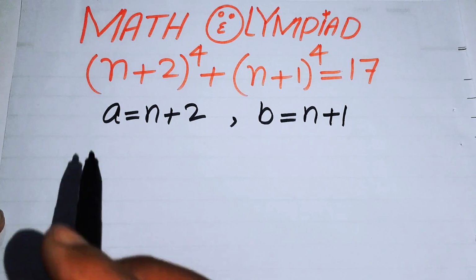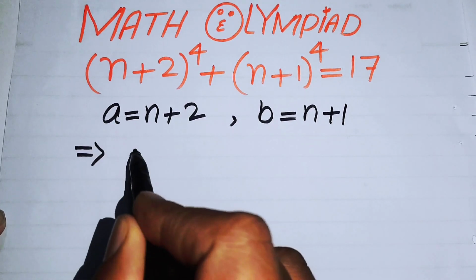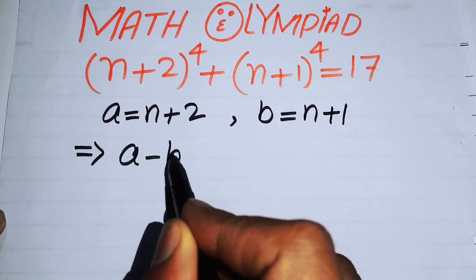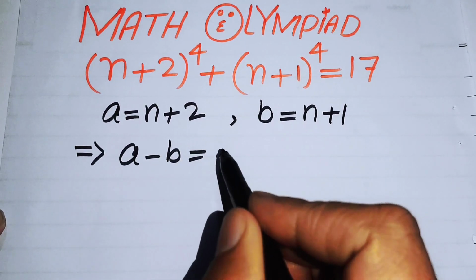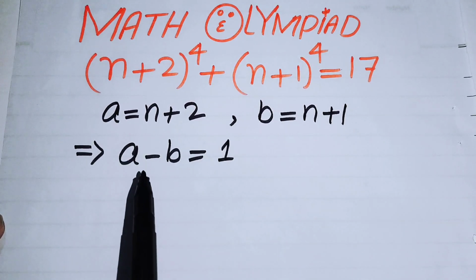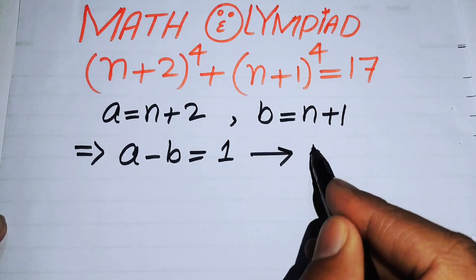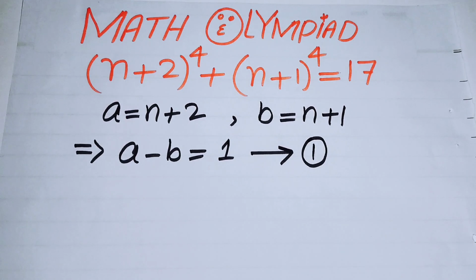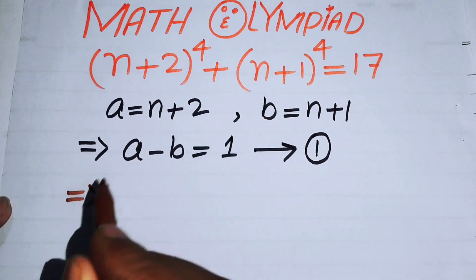You just see here when we subtract a and b, then you obtain a - b = n + 2 - n - 1, so you get 1. So when we subtract a and b, you get a - b = 1, and we name this as equation number 1. So in the next step, we substitute the values of a and b in the above equation.